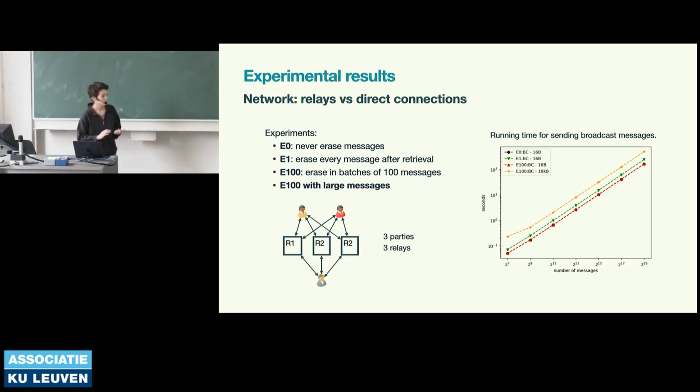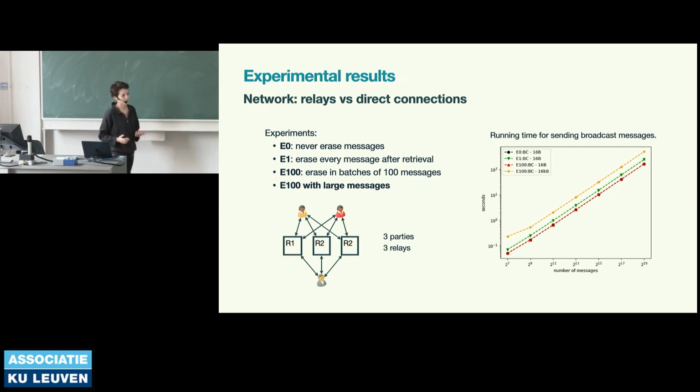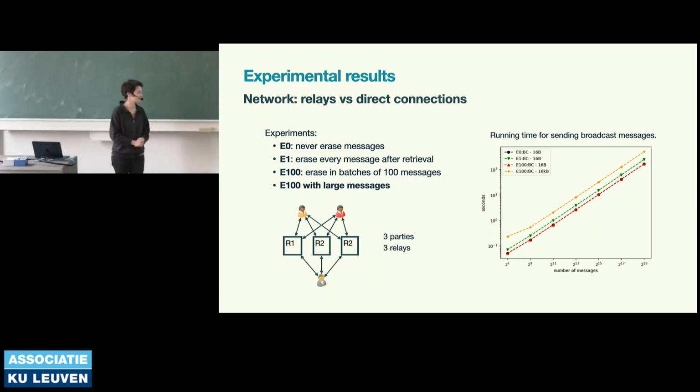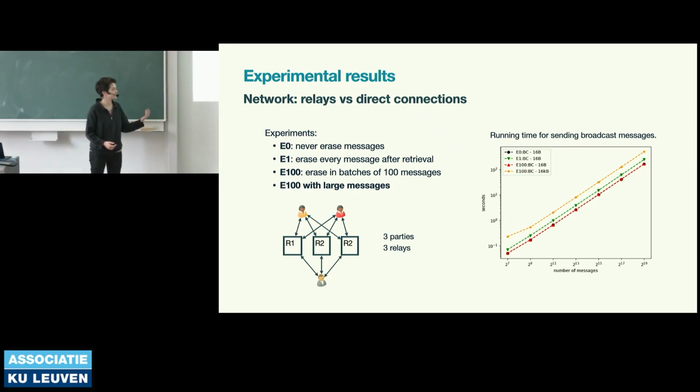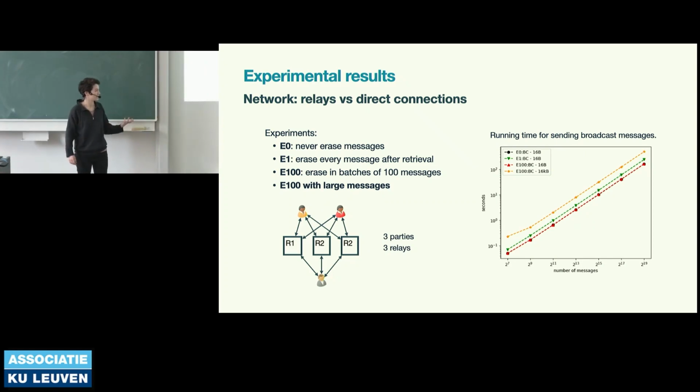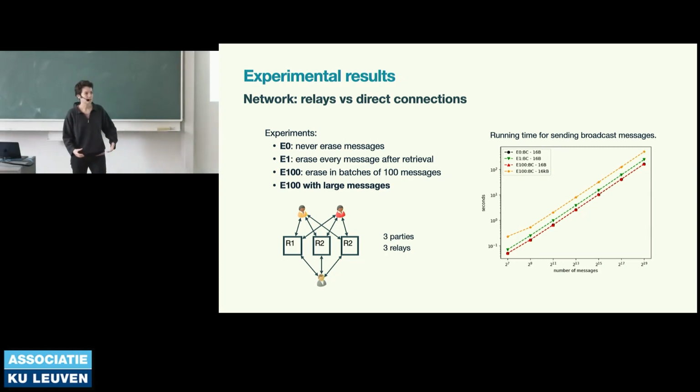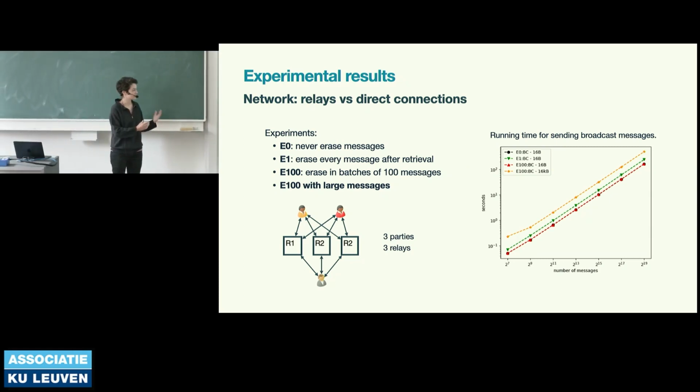Okay, then we also did some similar experiments, but for broadcast messages. And actually what we see is that here there's no problem with not erasing messages or erasing messages one by one. This is because this experiment is a bit different, since in broadcast messages every party is both a sender and a receiver, and also because the way these messages are stored is different from the point-to-point messages.